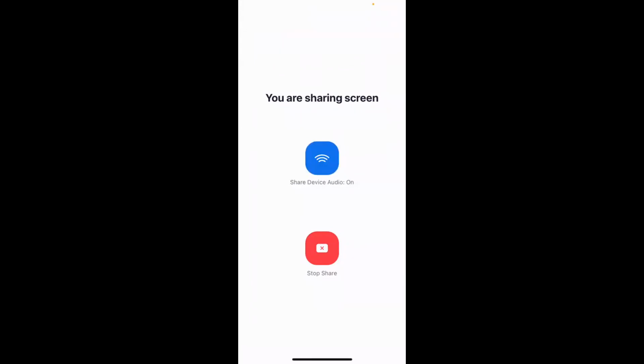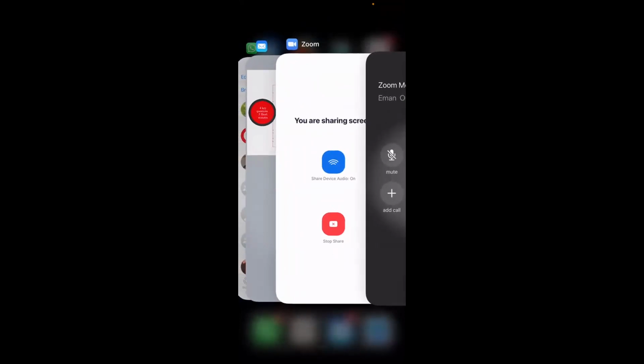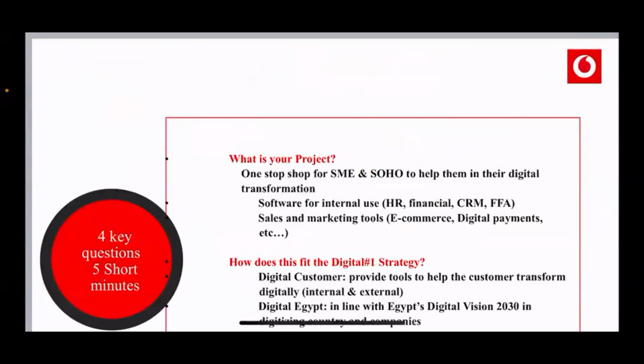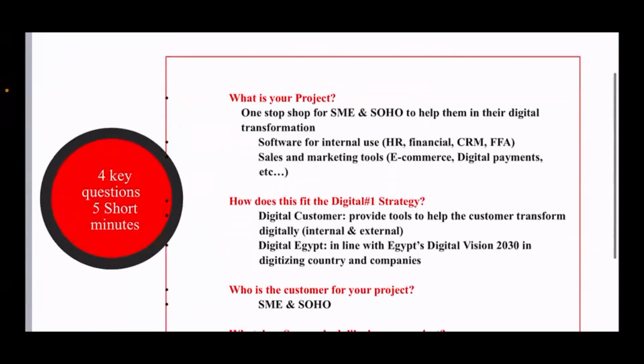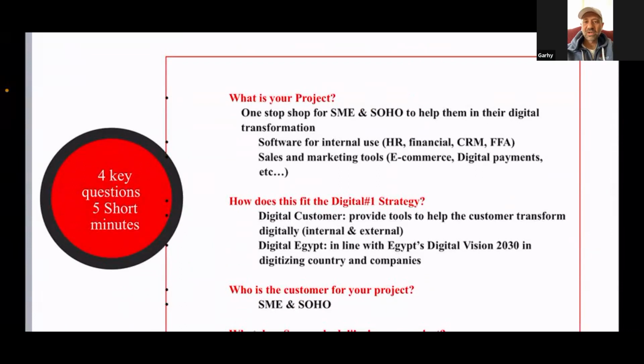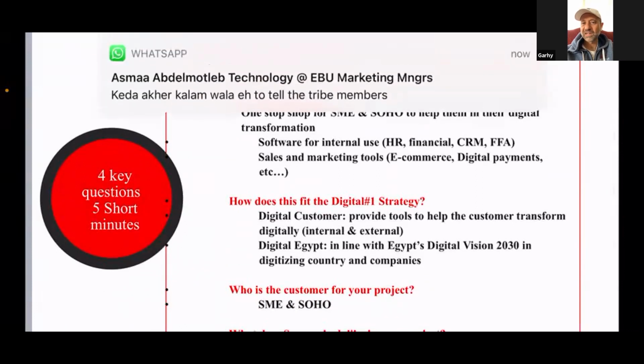Yes, my question is what's the difference between this project and a digital store? Because I'm working in retail and we have a digital store. So far, we're working on a digital store. So I didn't catch the difference between the idea of having a dedicated place for SME and SOHO. What if we can have a general store that can serve part of it as SME and SOHO, and the rest of the store is for the general customer? Tamer, we don't mean shop as a retail shop.